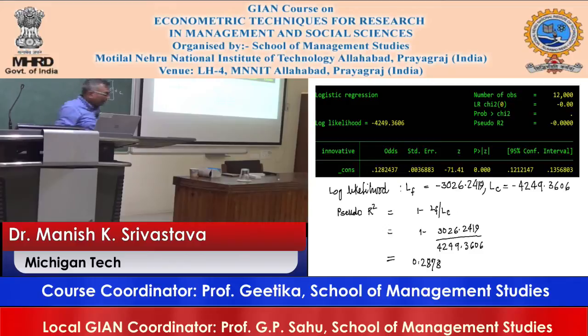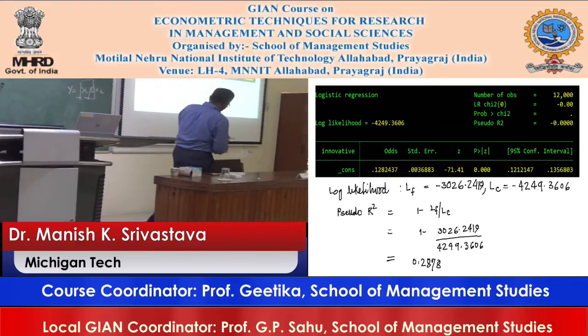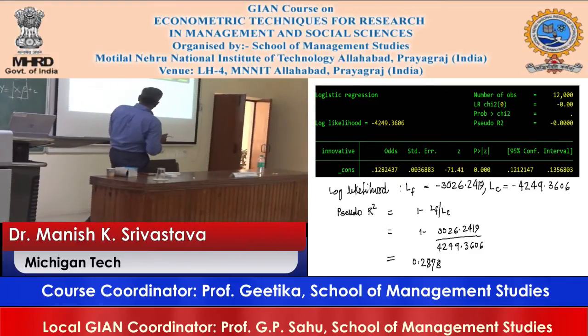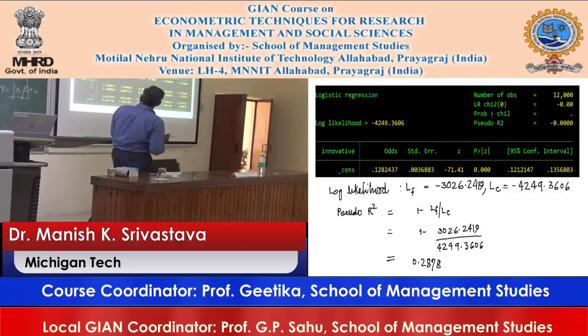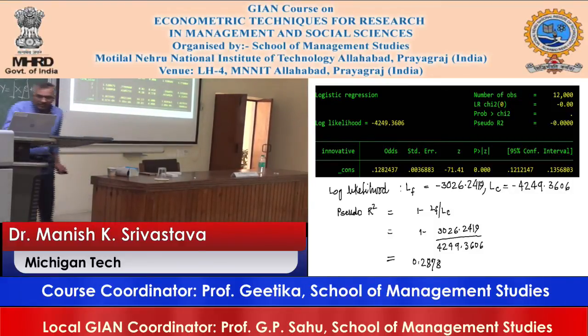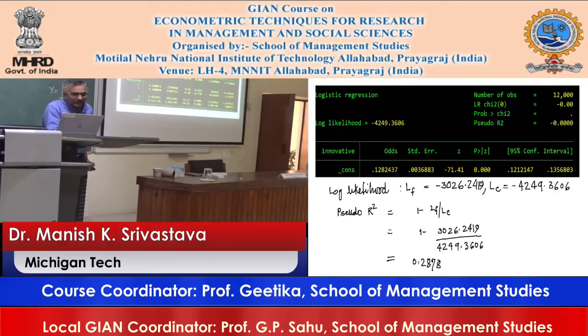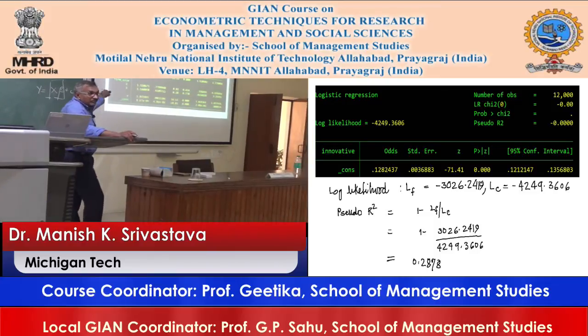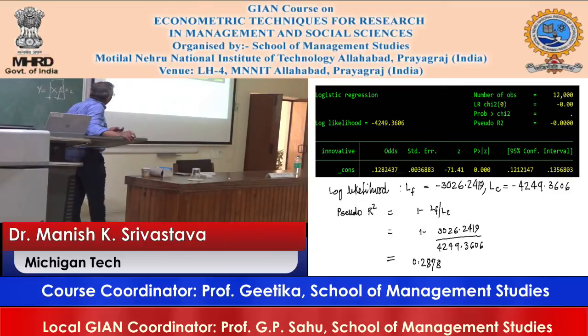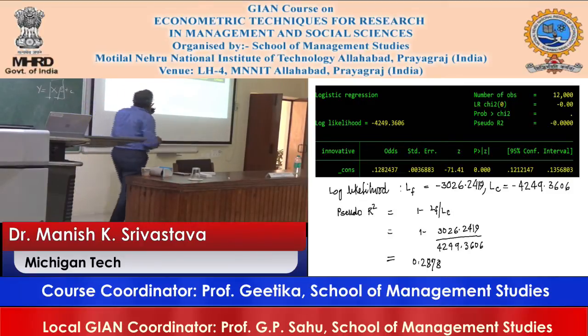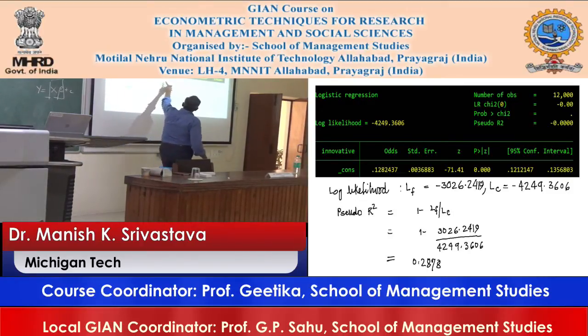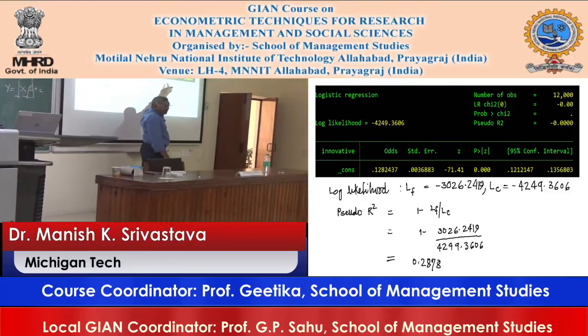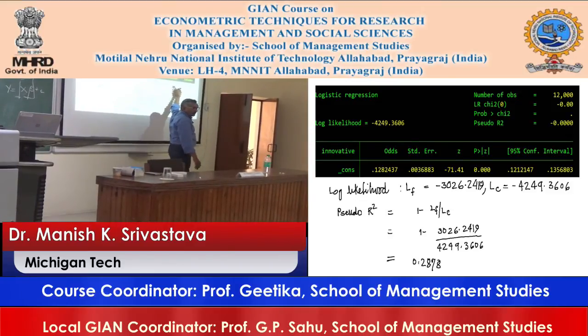I did the same thing with the previous one, so I'm just copying this value. This is my full model with all these predictors, and this is the log likelihood on that. I just copied it, and now we are going to do the computation. Here is the value for the constant only model.